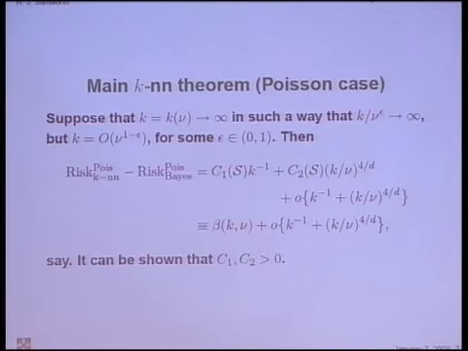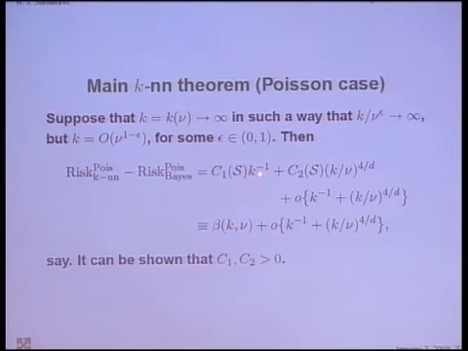But then we have this asymptotic expansion for the difference between the risk of the k-nearest neighbour classifier and the risk of the Bayes classifier. You can write this difference as a sum of two dominant terms plus smaller order terms which we can absorb into this little o term here.